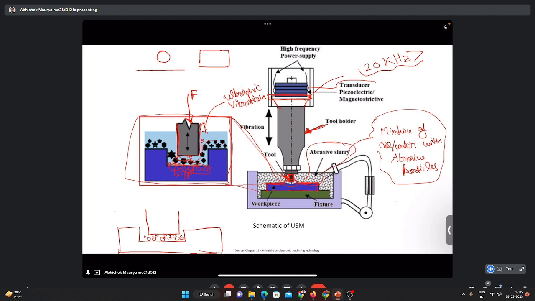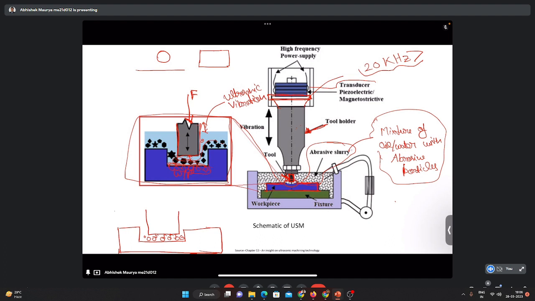If workpiece material is not brittle, then because of this abrasive, the local fracture of material will not take place. Rather, plastic deformation of workpiece material will happen. But we don't want plastic deformation. We want material to get removed.